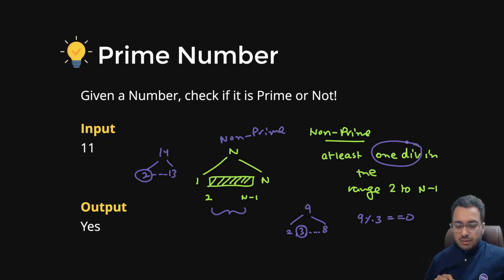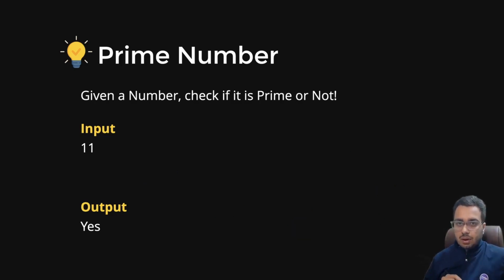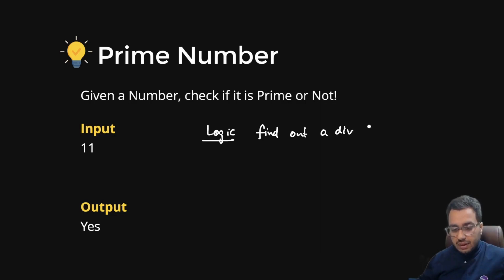Now given a number, we need to check if it is prime or not. So can we come up with a very simple logic to prove a number is prime or not? Yes, the logic would be that we try to find a divisor in the range 2 to n minus 1.